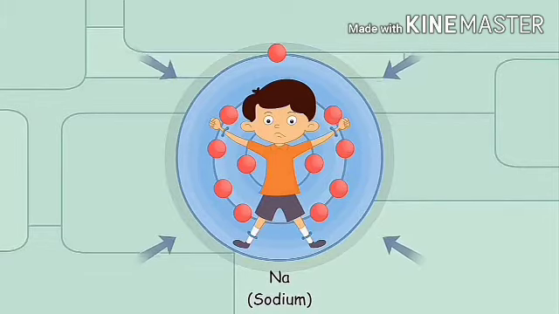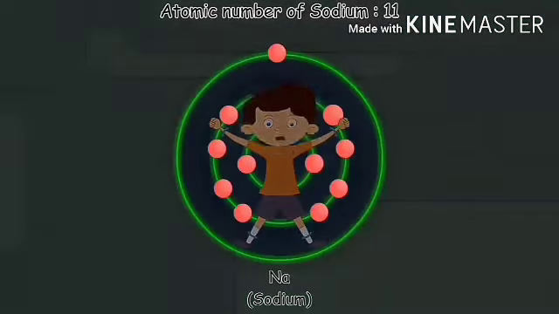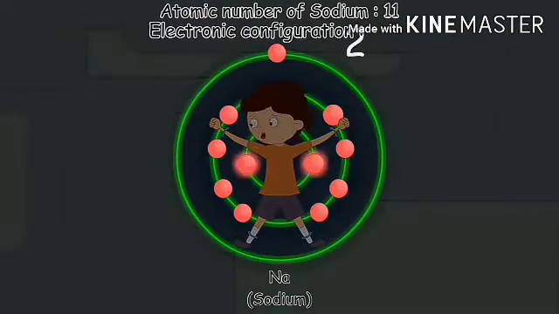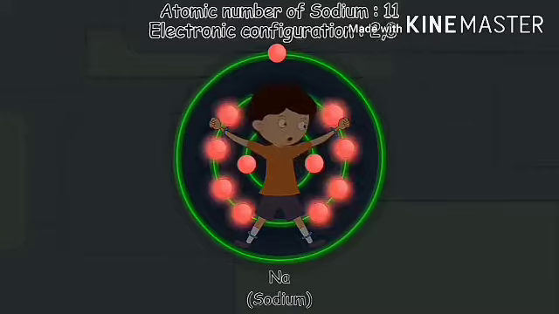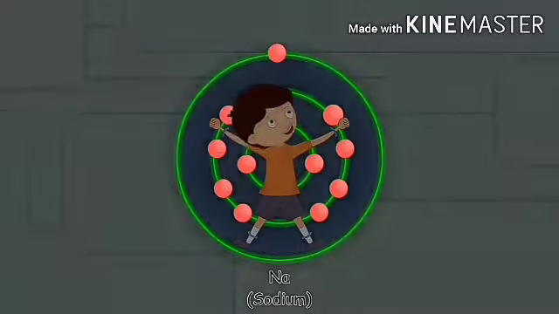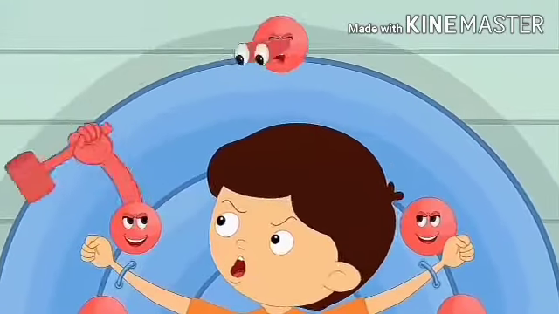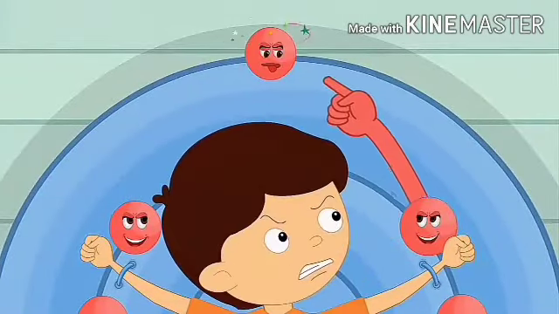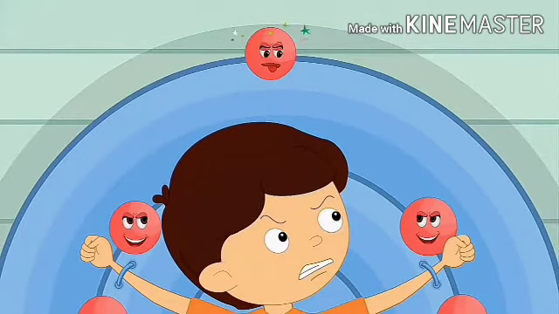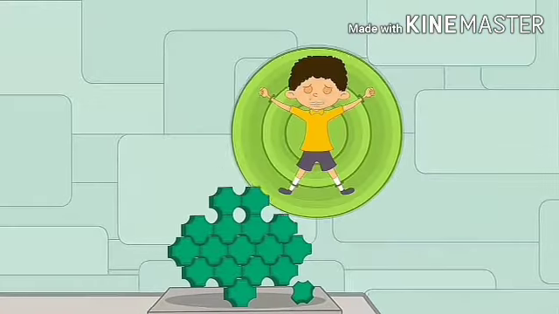This is the sodium atom that we have, with atomic number 11 and electron configuration 2 8 1. Sodium has an extra electron in its outermost shell.